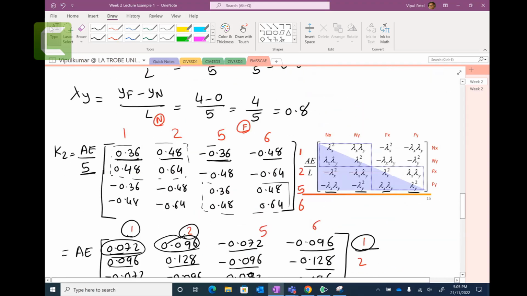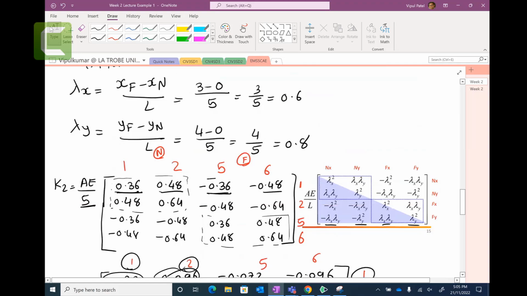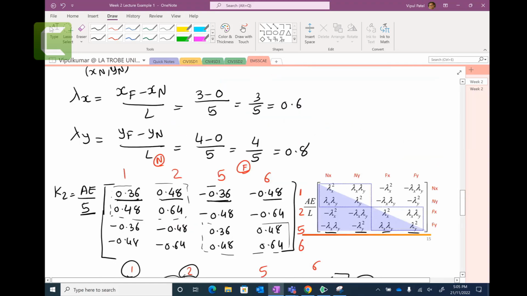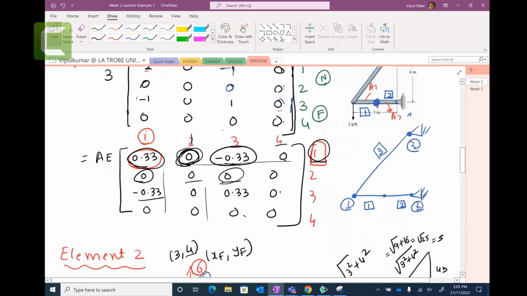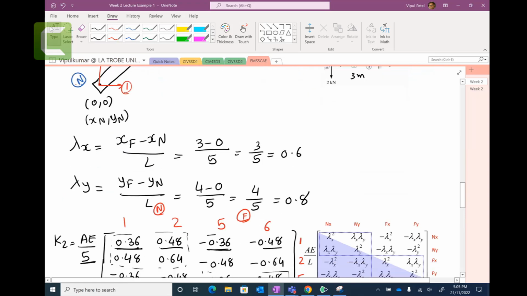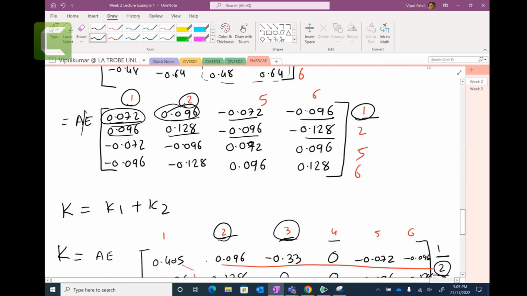We can multiply this K1, and I will do it with Excel. What you do in here, you can just keep E out and multiply the whole thing by area. And then similarly, you cancel this E, you get another 4 by 4 multiplied by the area, and then you add them together.